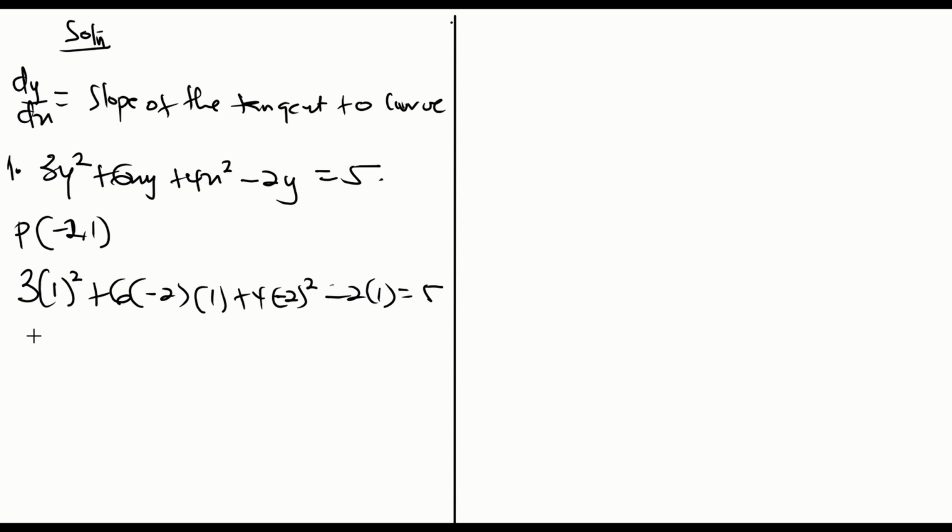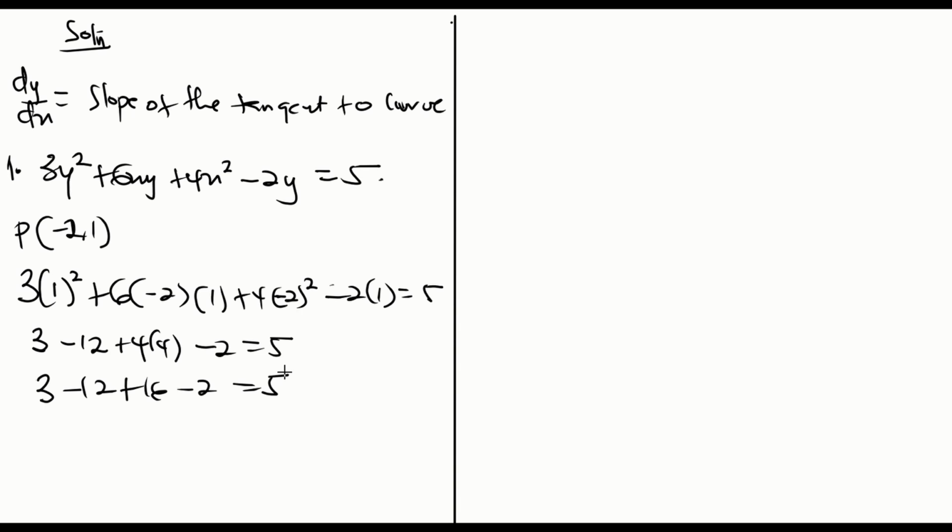So this gives me 3, minus 12, since 6 times -2 gives us -12, plus 4 times 4, since -2 squared is 4, which is 16, minus 2, which is supposed to be our 5. So let's verify our final answer and see if that is going to be 5.